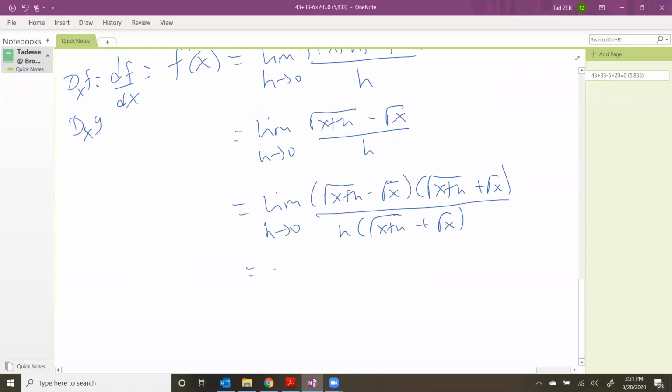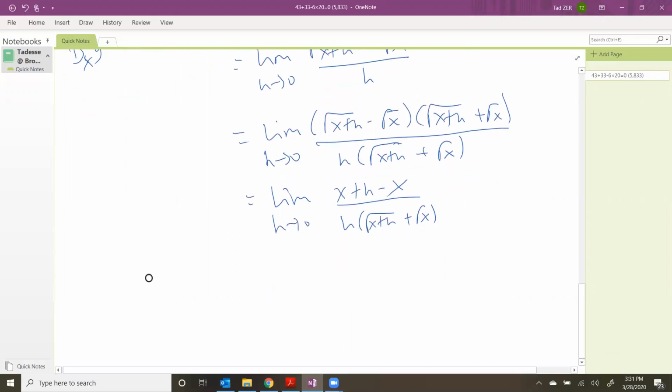So that will give you the limit of, if you FOIL the numerator, it will leave you with x plus h minus x over h times radical of x plus h plus radical x. Now you can see here the x cancels out, and then I have just h.